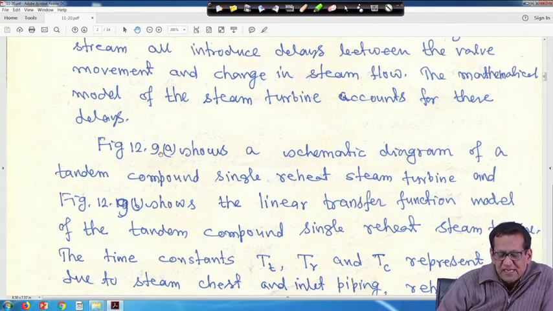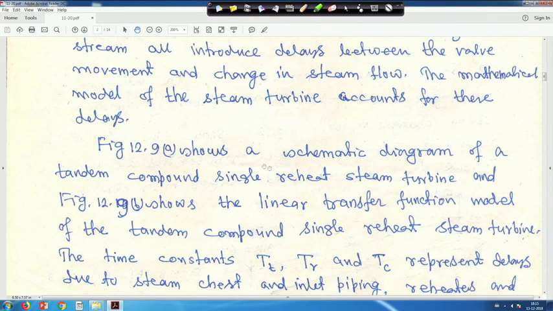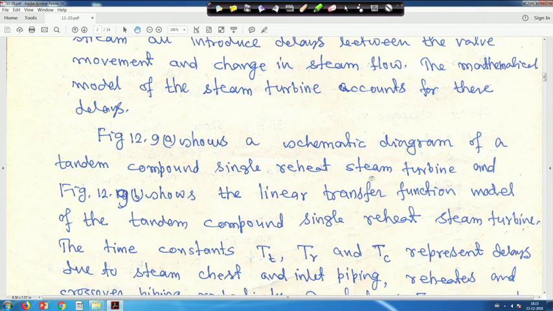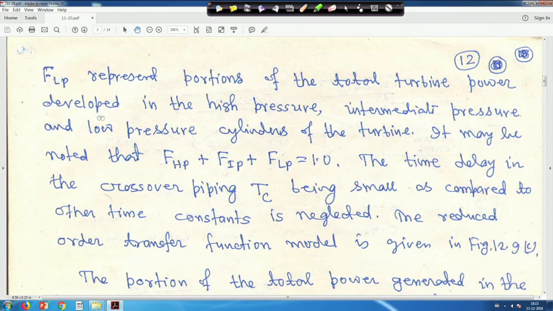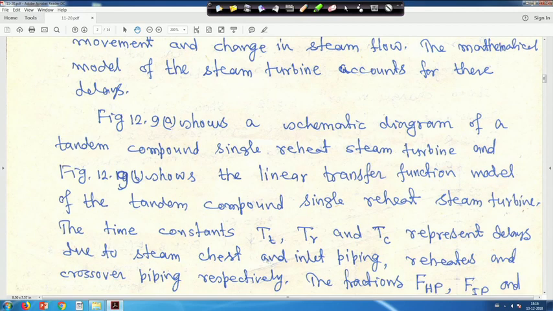Figure 9a, which I showed you, shows a schematic diagram of a tandem compound single reheat steam turbine, and 9b shows the linear transfer function model of the tandem compound single reheat steam turbine. The time constants TT, TR and TC represent delays due to the steam chest and piping. TT is the steam chest and inlet piping time constant, TR is the reheat time constant, and TC is the crossover piping time constant, right.